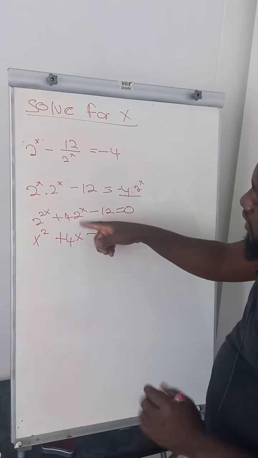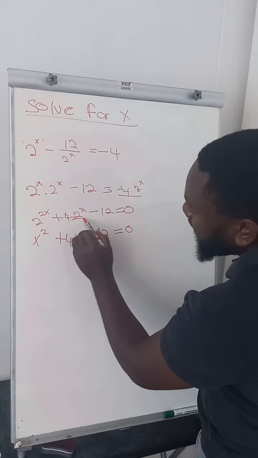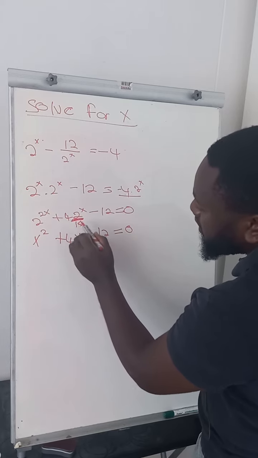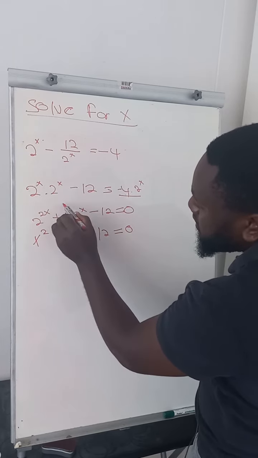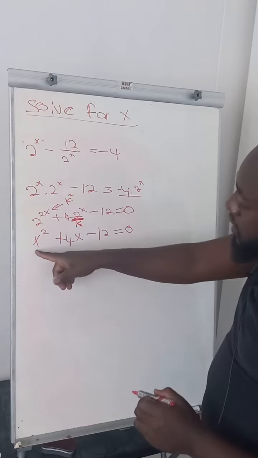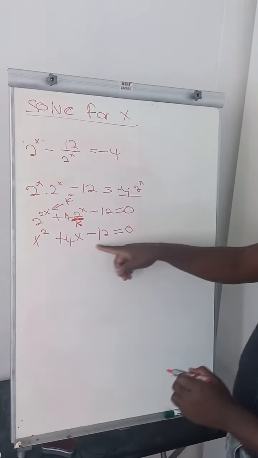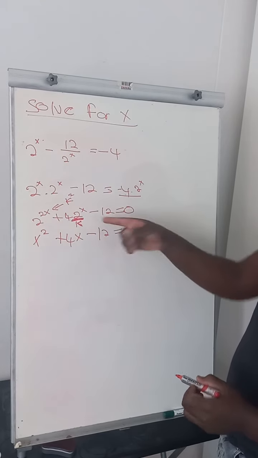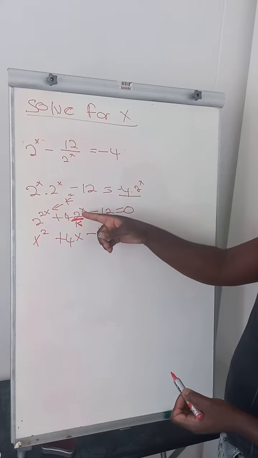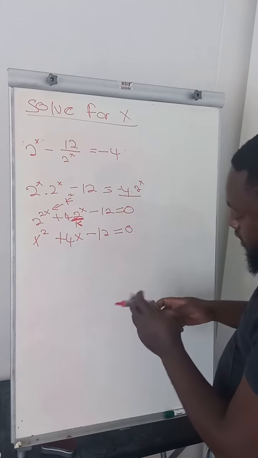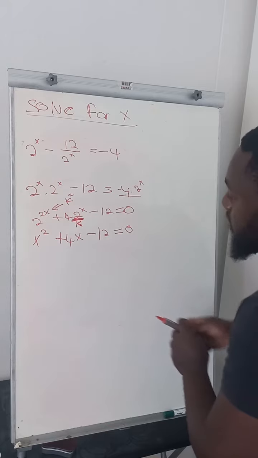Because if you check here, we can say let 2 to the power of x be k. If this is k, it means this will be k squared. So that's why I said this is the same as having an equation like this. This is another method of solving it, instead of letting 2 to the power of x be k. So I'll leave it like this, and then let us proceed.